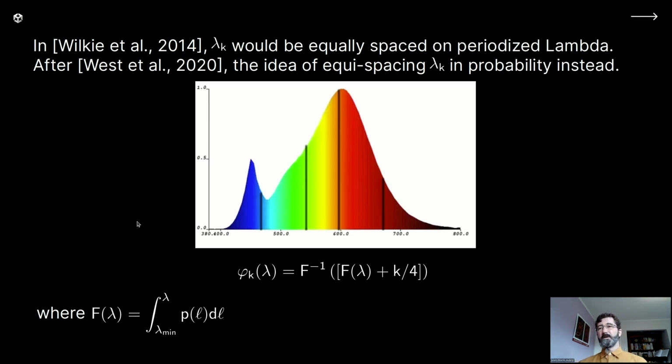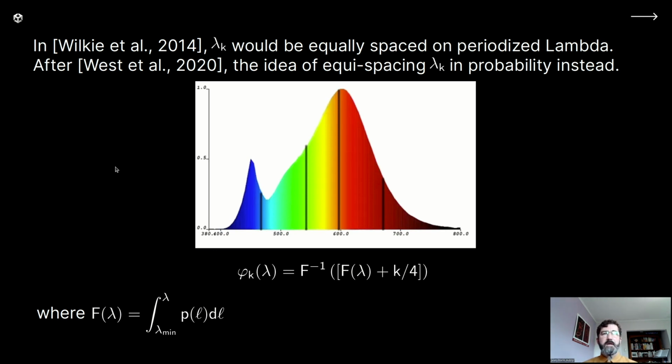So in the literature, there are mostly two ways of spacing the other wavelengths from the Hero wavelength. In the original paper of Wilkie, the shifts were uniform in wavelength.